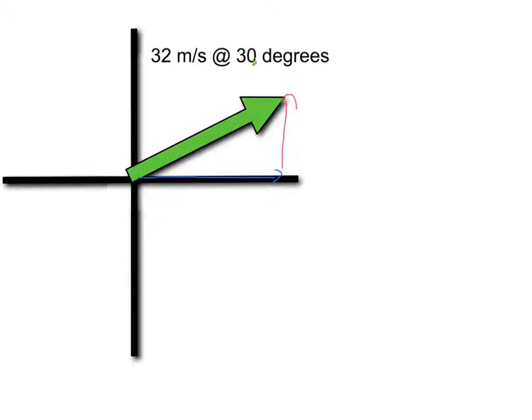So coming back in and rewriting here to make sure we don't miss anything, this is the hypotenuse of a triangle, 32 meters per second. They also give us the angle reference to the x-axis, 30 degrees. To find the opposite side, let me label it y, because this over here is the opposite side of my angle, I'm going to need to use sine.